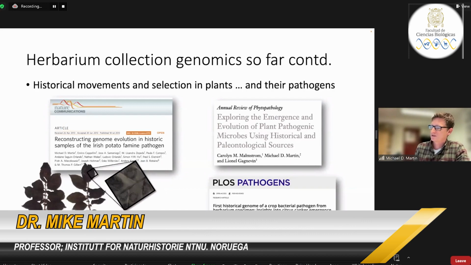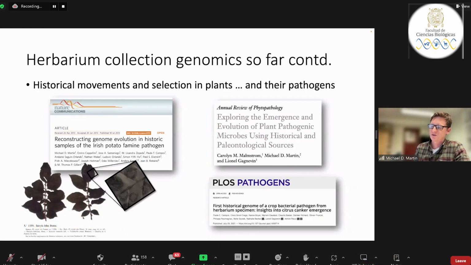My own work in herbarium genomics started with investigating the introduction of the potato pathogen called Phytophthora infestans, which is an oomycete, something like a fungus, to European potato crops.